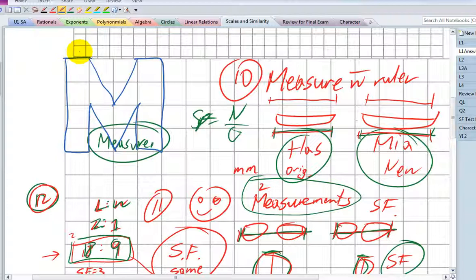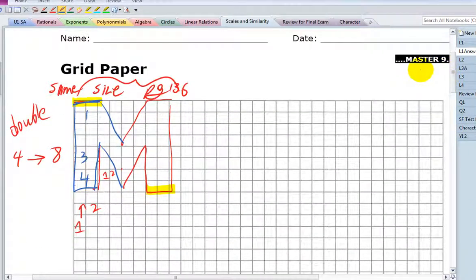But you'll need reference points. So for example, how far across is it here? How far across is it the entire way? How far from the side to the middle? All right, use reference points. How tall should it be?